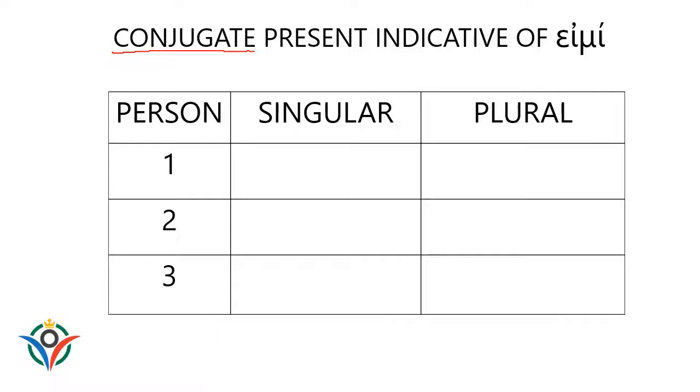All right, so let's go through the singular forms. So we have eimi, and I'm going to put the various accent marks above these forms. Then we have ei. Remember, there's a critical diacritic here, the circumflex. And then we have estin with the movable nu.